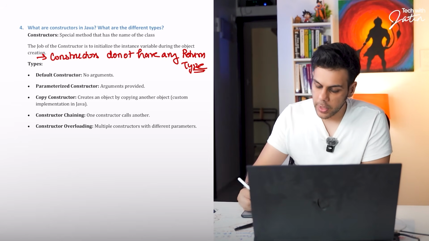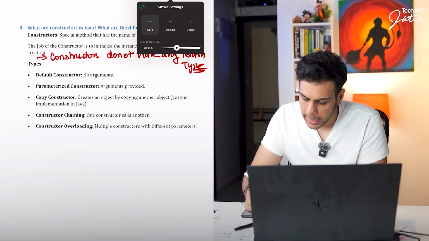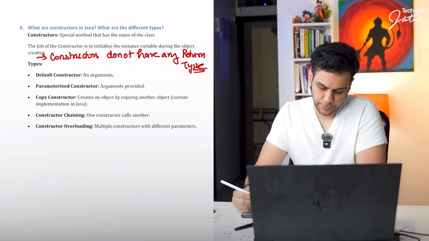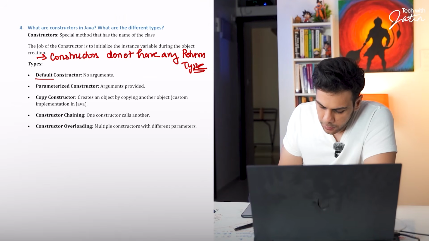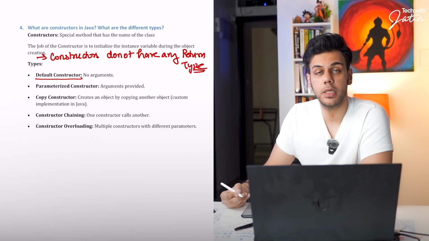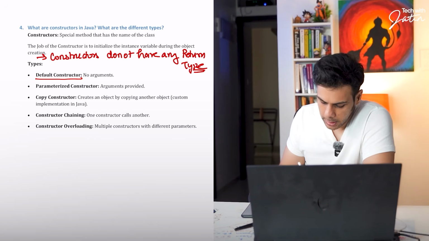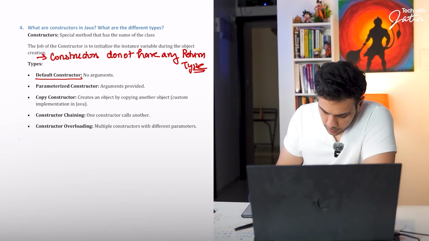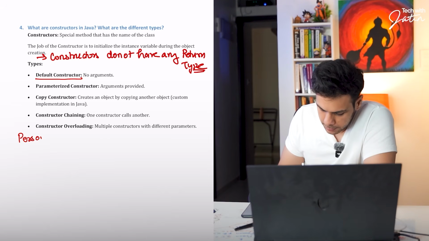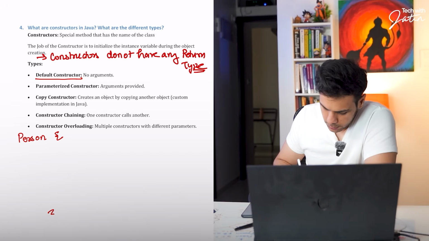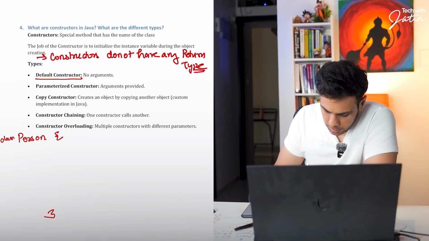The different types of constructors that are there in Java: the first one is a default constructor. What is a default constructor? Let's say, guys, this is my person class. Let me write class also.